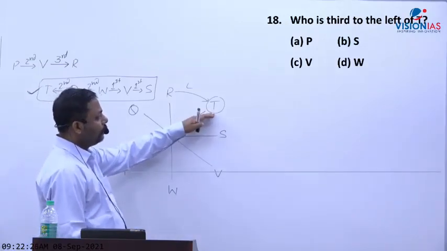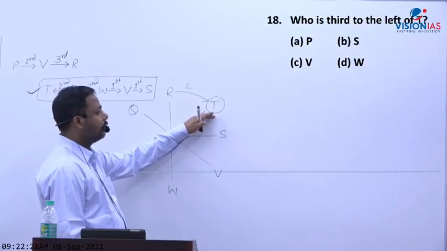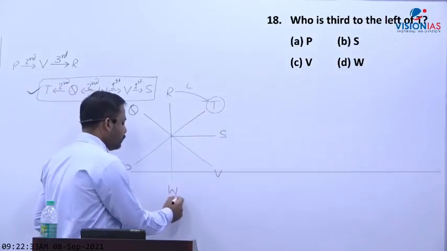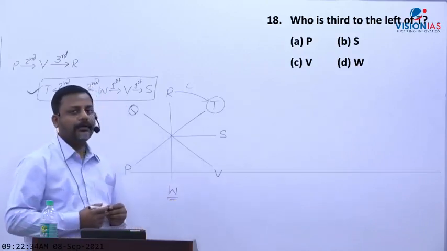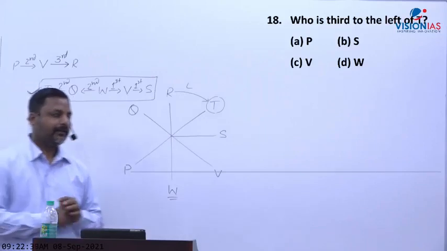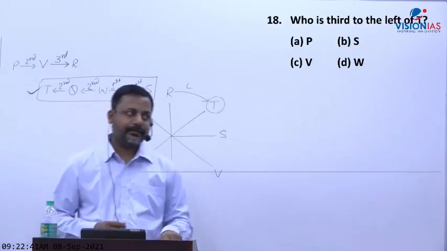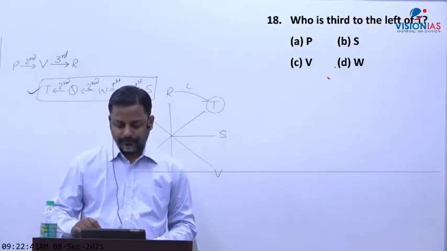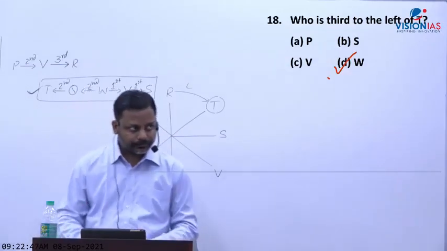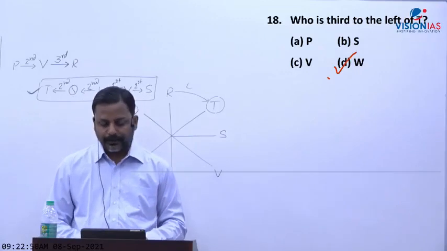So from T we will move third in the clockwise direction. First, second and third, and our answer is W. W is sitting third to the left of T. So the answer of the second question is W. Very good.